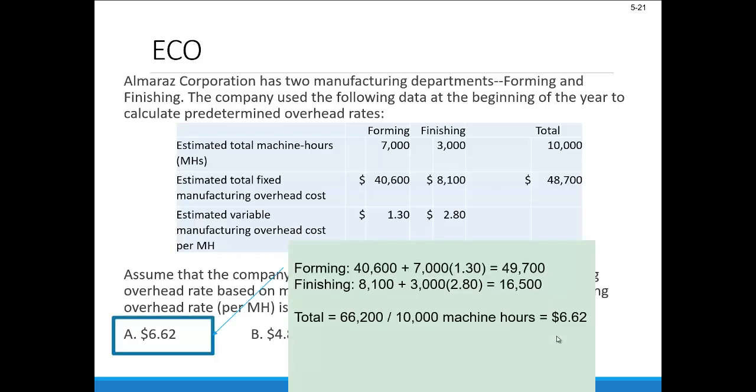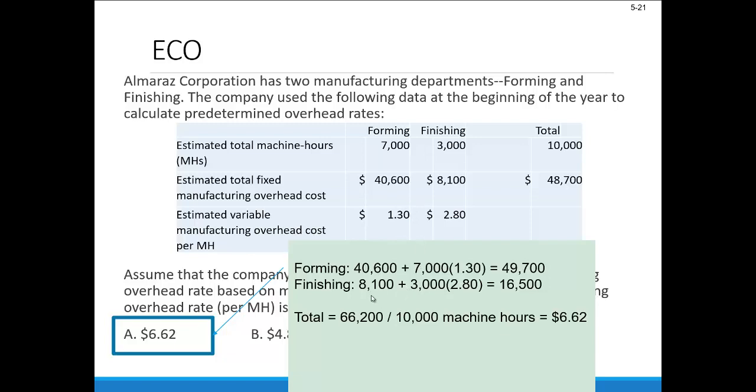That answer is A, $6.62 per machine hour. So the first thing we have to do is come up with the total estimated overhead for the upcoming period. In the forming department, that's $40,600 in fixed overhead, plus 7,000 estimated machine hours, times the $1.30 in estimated variable overhead.